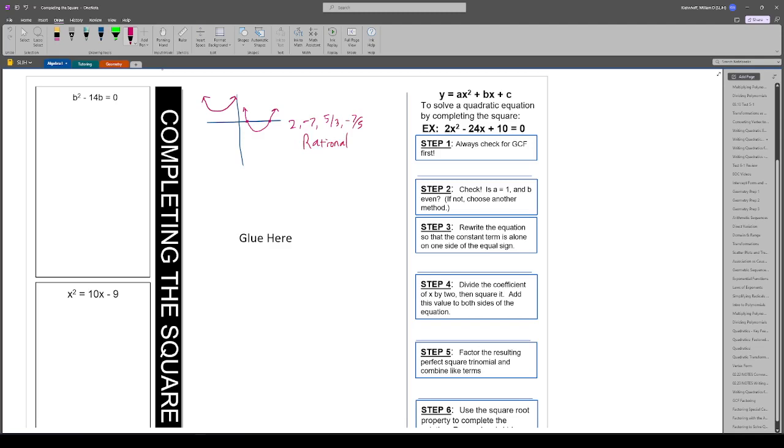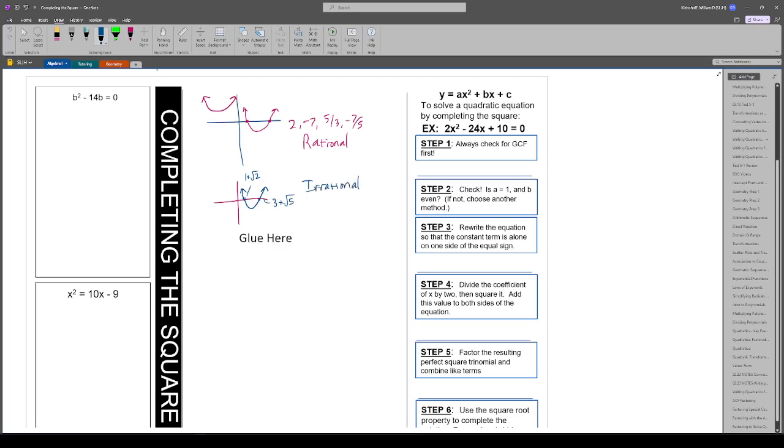What we can't do is factor anything that has irrational roots, or irrational solutions. So if we have a quadratic that has one x-intercept at, say, 1 plus the square root of 2, and another one at 3 plus the square root of 5, there's no way that we could solve that by factoring because these are what we call irrational numbers.